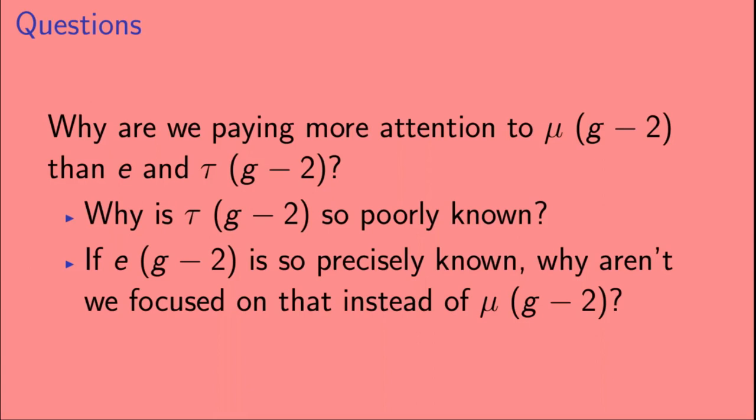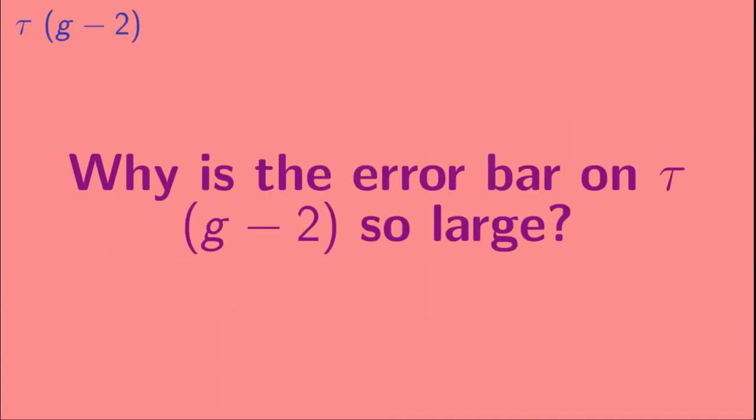And in the case of electron g-2, since electron g-2 is so precisely known, why aren't we focused on that instead of muon g-2? Okay, so let's start with the first question. Why is the error bar on tau g-2 so large?